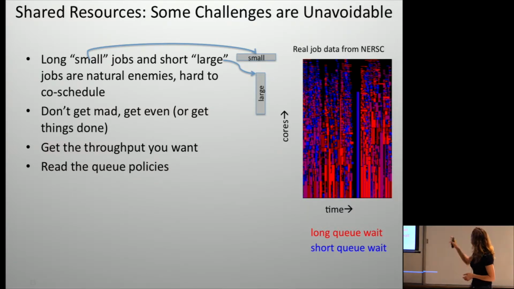This is actual data from NERSC, where you can see that there are a number of different varieties, things that take a lot of cores and short time, for example this job here, and things that take a little bit longer time but few. And the red is people who had to wait for a long time in the queue. And the blue are people who got in almost instantly.